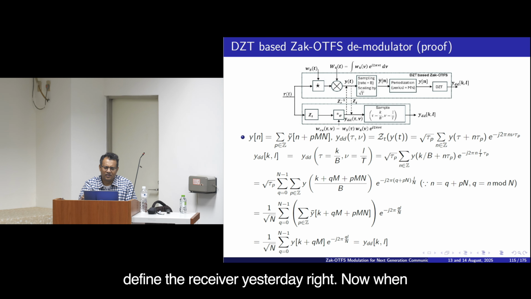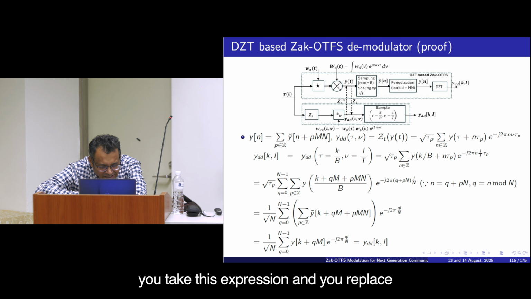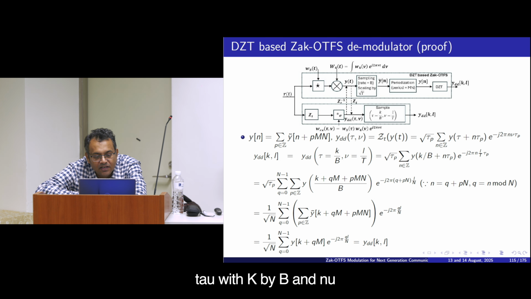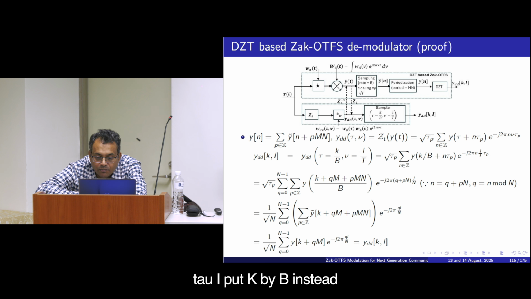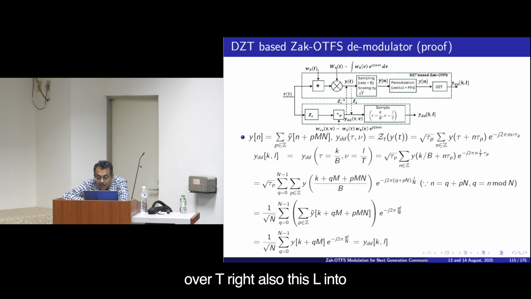Now, when you take this expression and you replace tau with k by B and nu with l by T, you get this expression. It is very simple. Instead of this tau I put k by B, instead of this nu I have put l over T. Also this l into tau_p over capital T will become equal to n times l over capital N. Why?